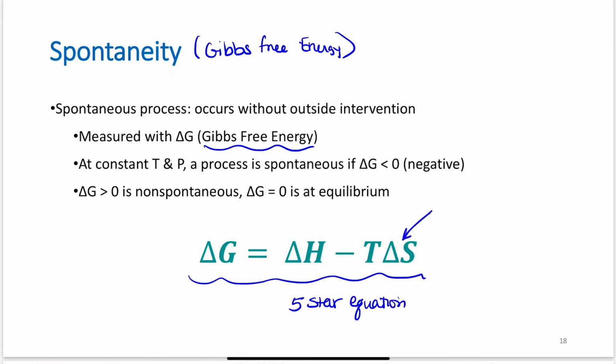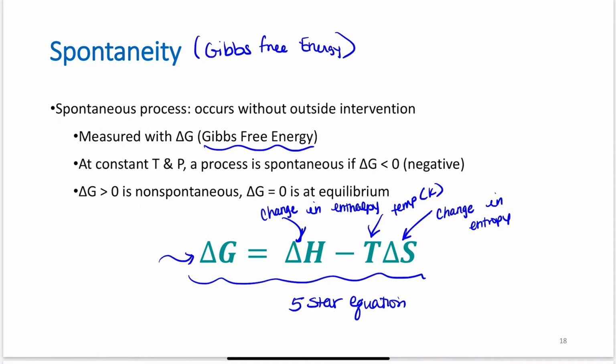But again, delta S, change in entropy. This is your temperature in Kelvin. And this is your change in enthalpy. And this is Gibbs free energy.